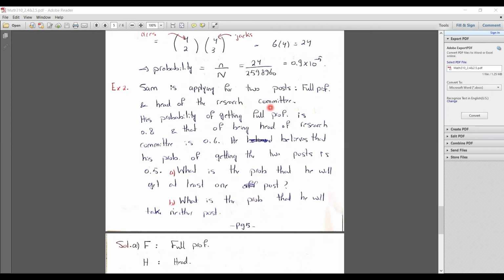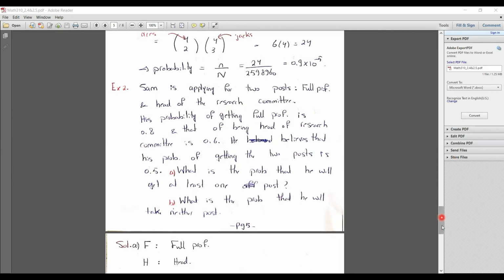It means that if we name the full professor event F, P of F is 0.8. And if we name the head of committee event H, we get P of H equals 0.6. He believes his probability of getting both, P of H intersect F, will be 0.5.